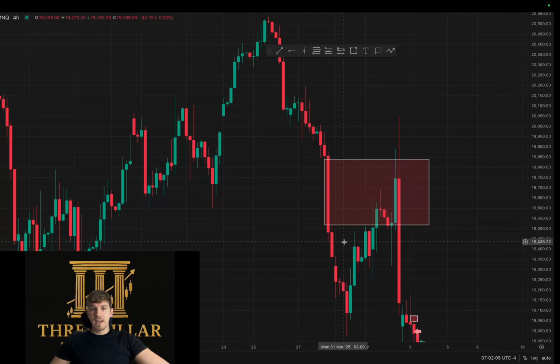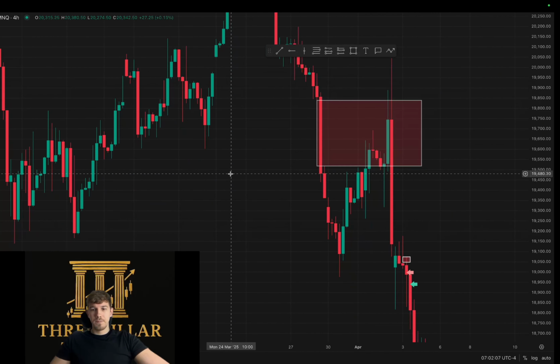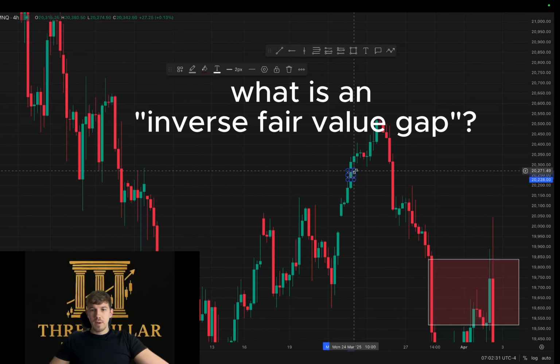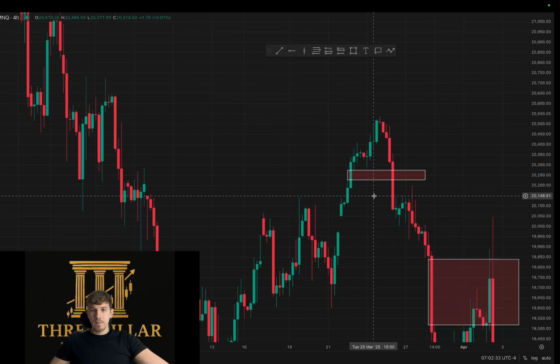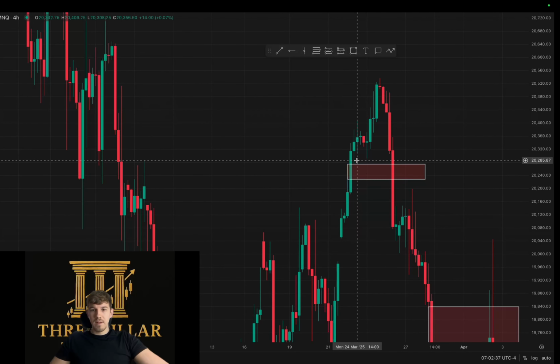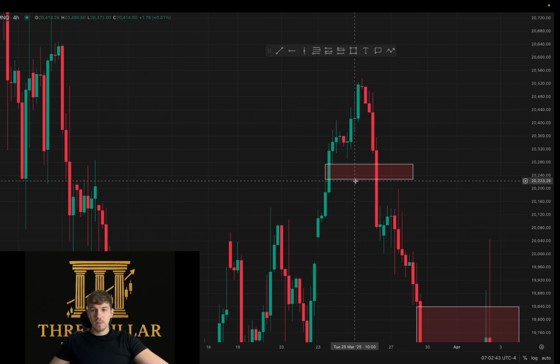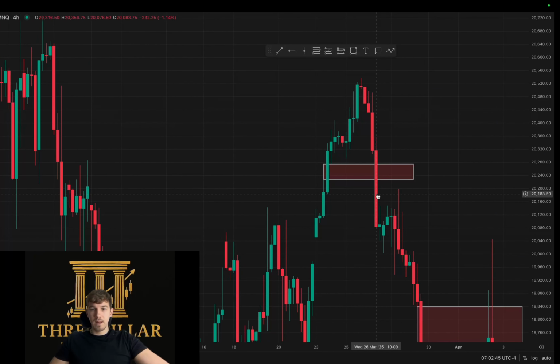Now what happens when you get an inverse fair value gap? So an inverse fair value gap is when, in this example, a bullish fair value gap gets disrespected by bearish order flow. So bearish order flow is closed through this bullish imbalance and inversed it, whilst also creating a bearish fair value gap.